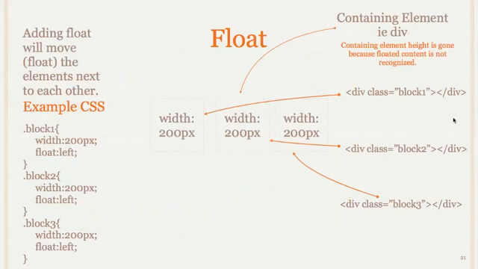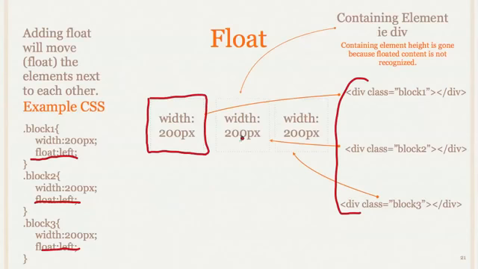Okay, so when we add float to them, here in our CSS we've added float to each one of these blocks. The HTML, by the way, hasn't changed, right? They're all still just block 1, block 2, block 3, but adding float means now, if there's room after this one is done, the next one, instead of being down here, will sort of float up there.